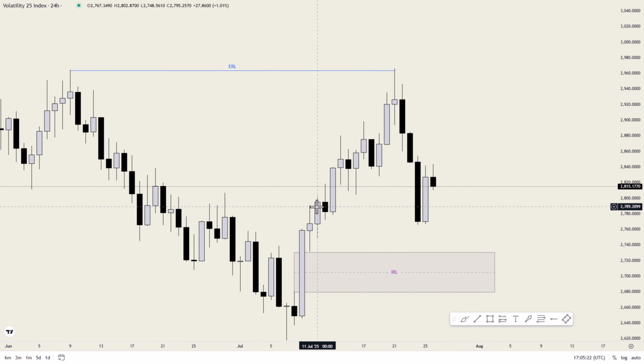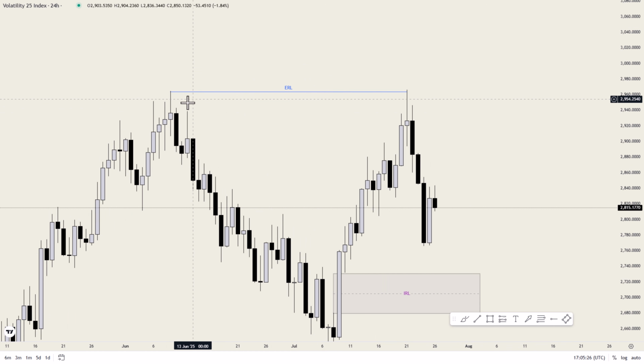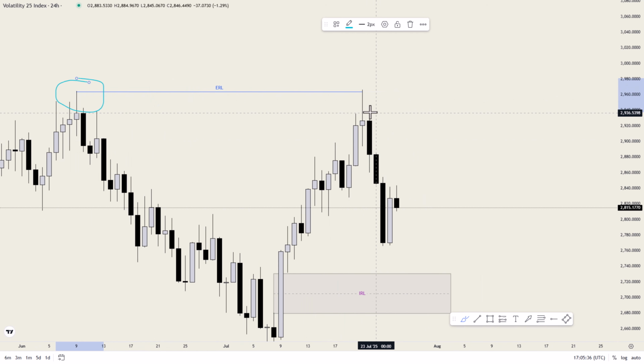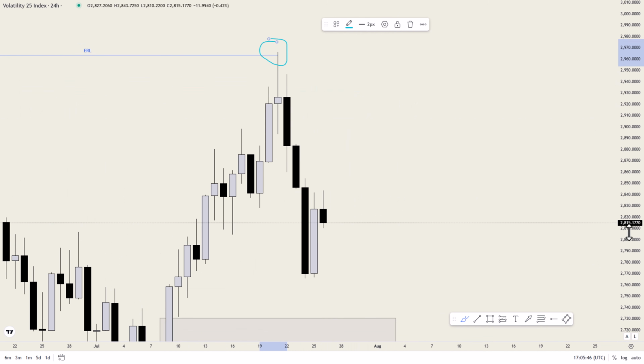Now watch what I will do. When price seeks external range liquidity at this level, we see that price has swept liquidity above this high, and then price closes inside the range. What do I mean by price closing inside the range? Do you see this candle?